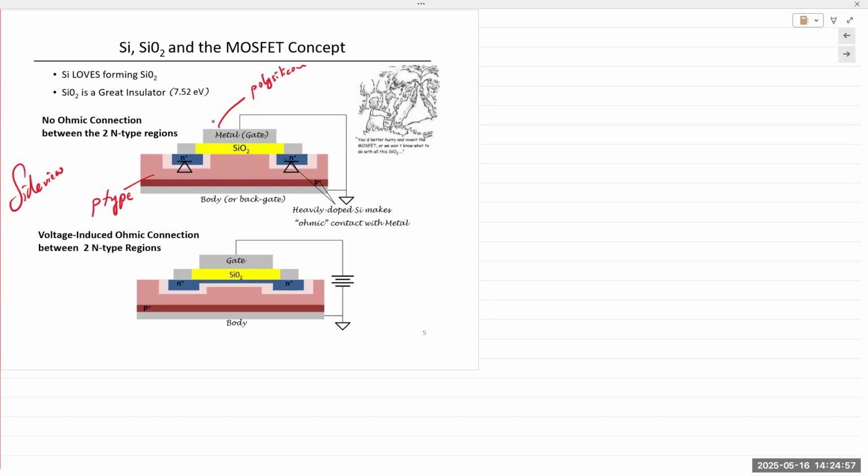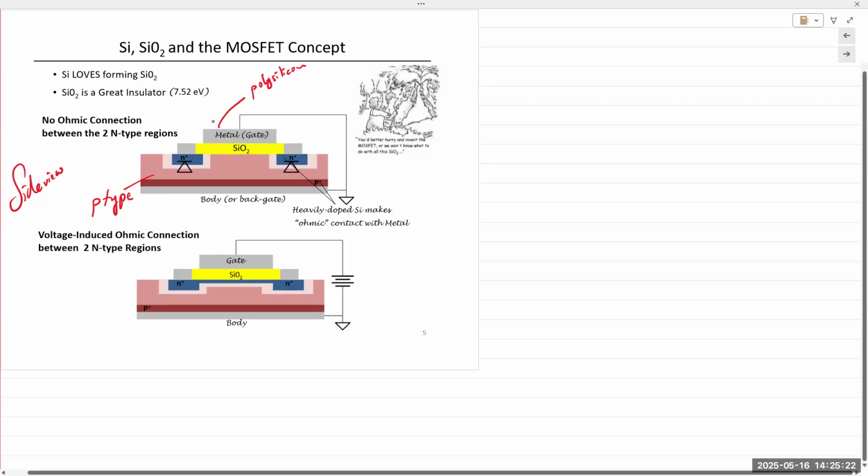Okay, so construction and fabrication is far easier with polysilicon than with pure metal. Anyway, so what we do then is, in this P-type material, we implant N-type regions on either side. Okay, we implant these N-type regions, and these N-type regions are heavily doped.